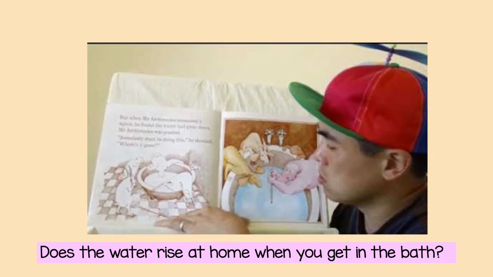Mr. Archimedes got so excited, he jumped in and out, to make the water go up and down. Eureka! I found it, he shouted. Jump in, everyone! And the bath overflowed.